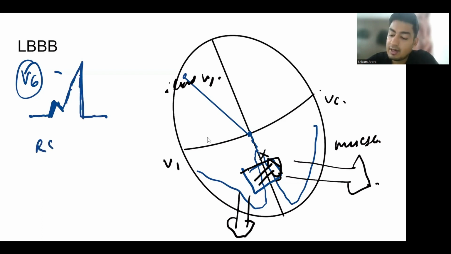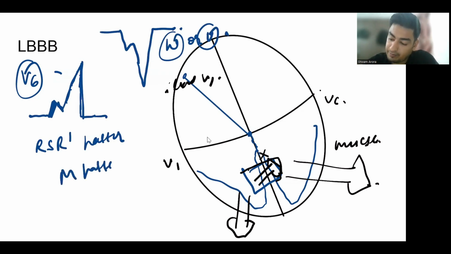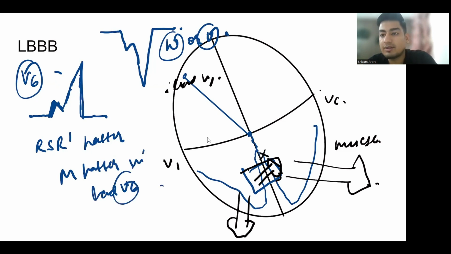So we'll have this RSR dash pattern here, while in lead V1, as we have discussed, we have this QS pattern. This can also be remembered as W pattern or V pattern in lead V1 and M pattern in lead V6. Again, here the direction of repolarization will reverse in the left sided, left lateral leads. So we will have V5, V6 with T-wave inversions.